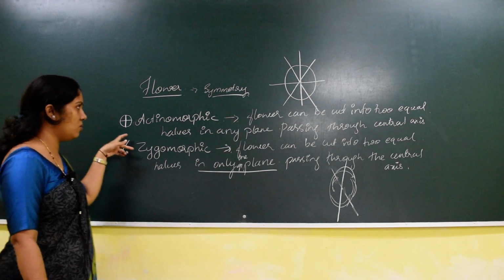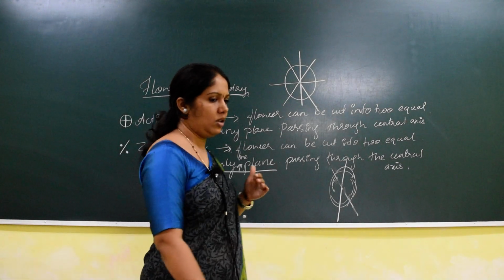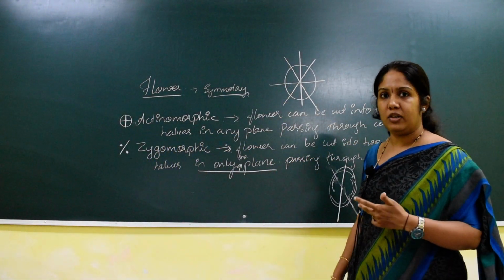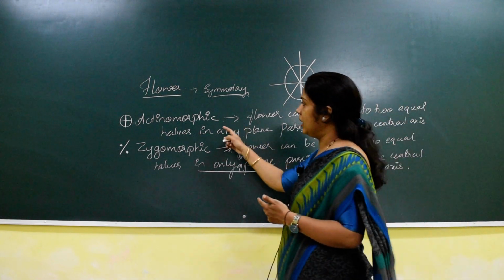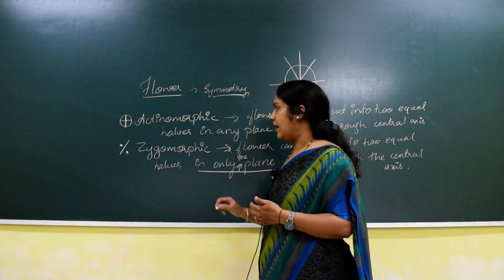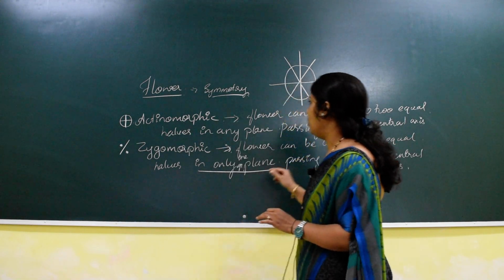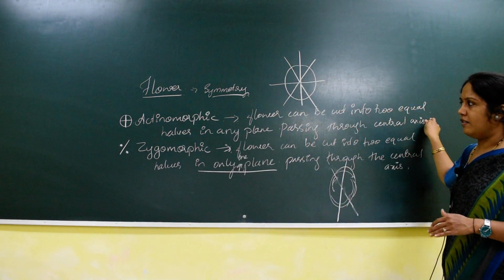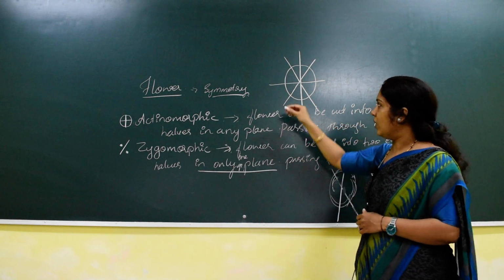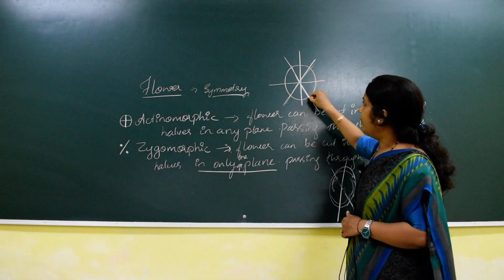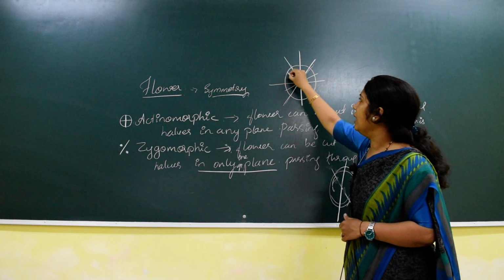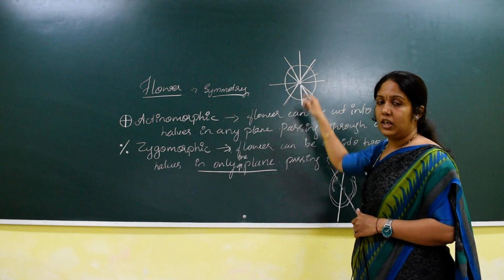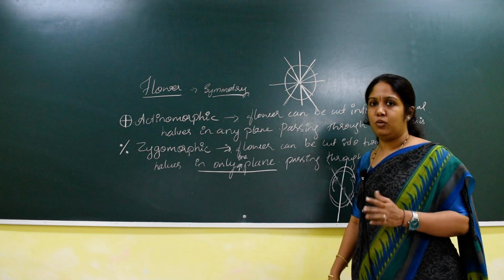So based on the cutting of the flower passing through the central axis, the flower is divided into two categories: one is the actinomorphic condition and the other is zygomorphic. Actinomorphic is a condition where the flower can be cut into two equal halves in any plane passing through the central line. This is very important. If you write less, you won't get the marks.